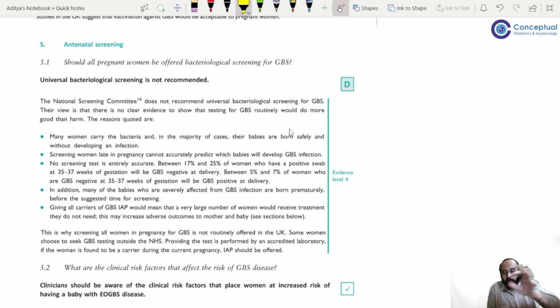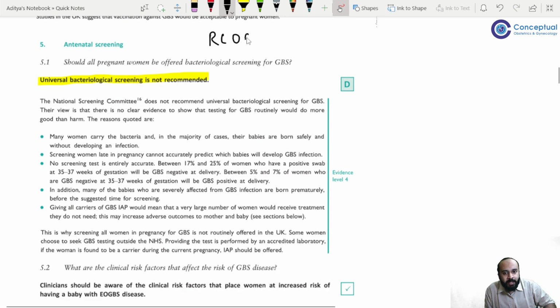So if I'm talking right now about RCOG, they say that universal screening is not recommended. ACOG, now this is obviously RCOG, so I write RCOG here. ACOG has differing views. ACOG says that universal screening should be done. This is the first point.